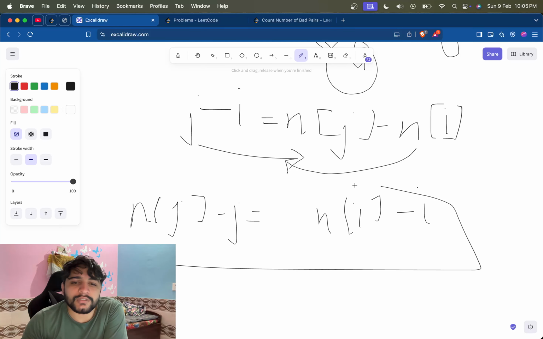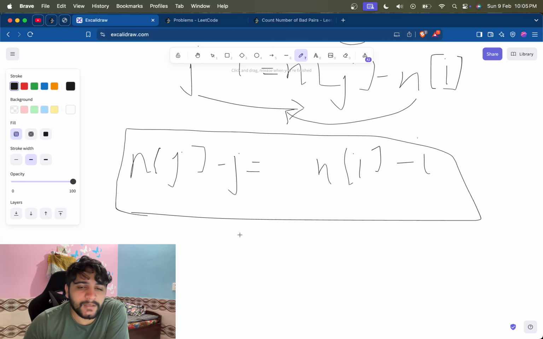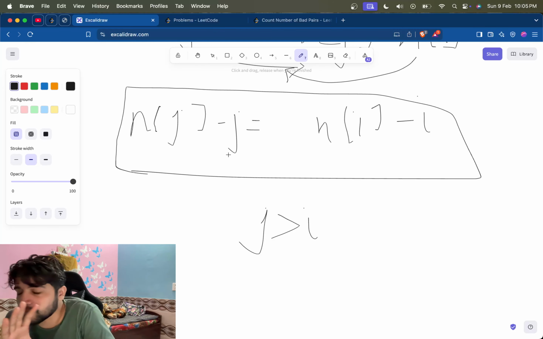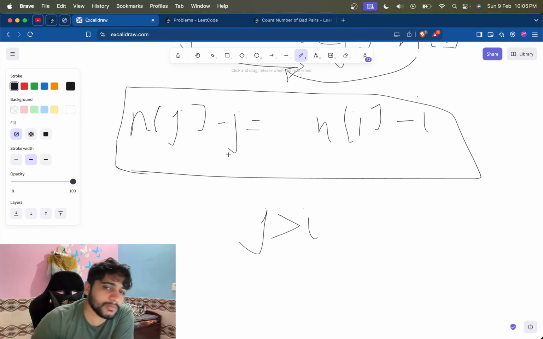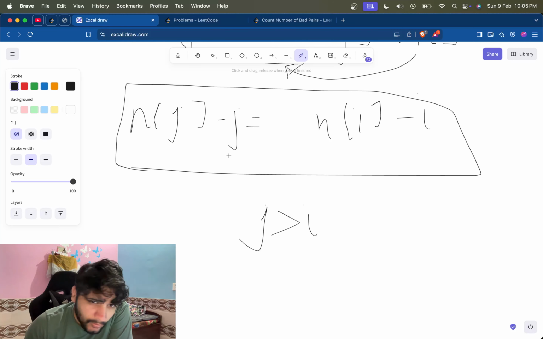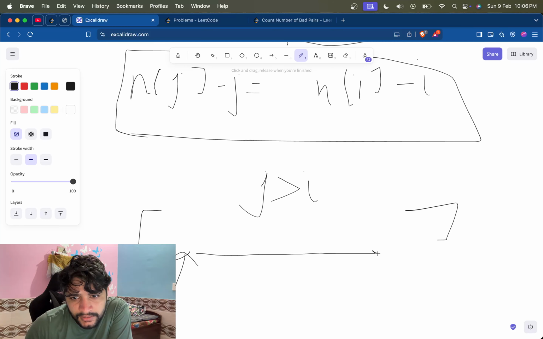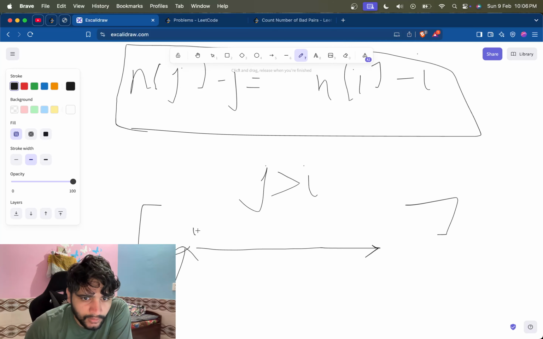So we got this equation that for two indexes where j is greater than i, the difference between a number and the index must be equal. If they are equal, it's a good pair. So for the whole array, we are at some index i.